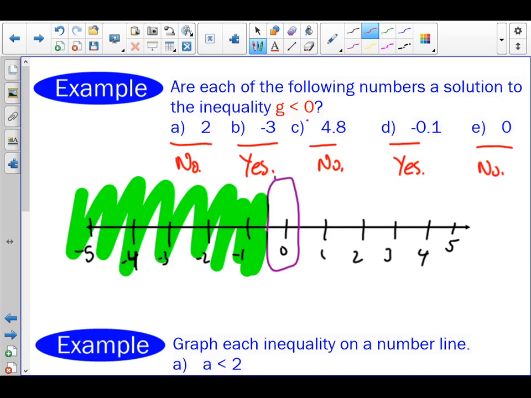So the number line that we drew is a visual tool that helps us organize our thoughts when we're doing a question like this. It's not necessary for this example, but it will be necessary for the next example.